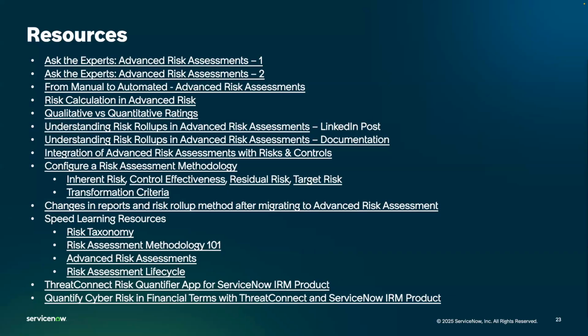The speed learning resources section lists the prerequisite sessions we discussed earlier: risk taxonomy, RAM 101, advanced risk assessments, and risk assessment lifecycle. At the bottom, you'll find links to partner integrations like Threat Connect for quantitative cyber risk. Bookmark this slide. These resources will support you as you implement and refine your risk scoring approach.